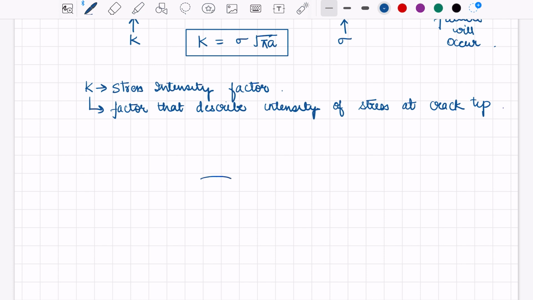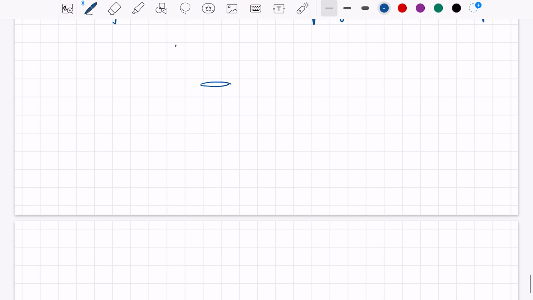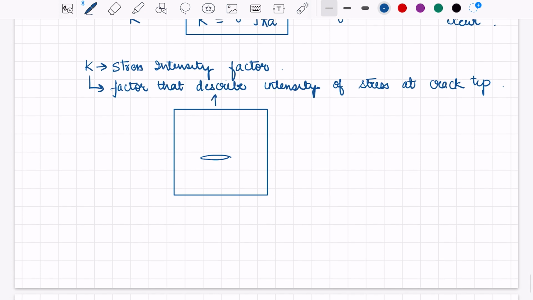So if this is the stress, this is the flaw or the crack in a body, and when we apply load on it, in that case the stress lines will get concentrated at the crack tip.